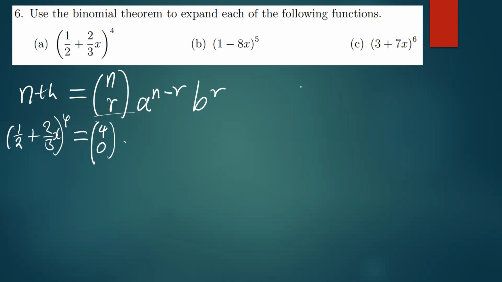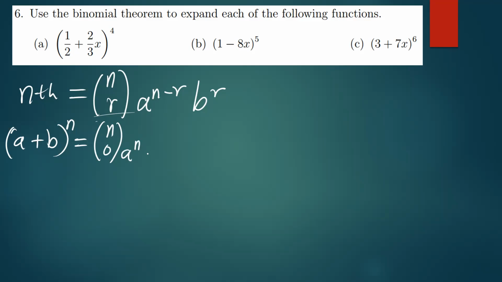The value of a, if you have any term, or maybe before I write the expansion, let me write an expression for the theorem. Yeah, so this one is used to find the nth term in the theorem. Now let's see how we can expand this function a plus b to the power n. So the first thing that you do is you say n choose 0, and then you say a to the power n minus 0, that will give us n, and then b to the power 0.